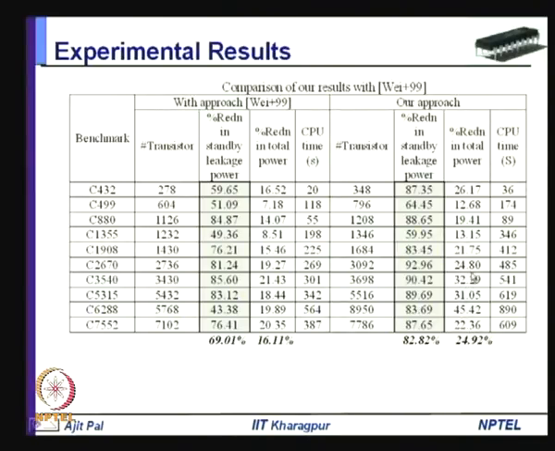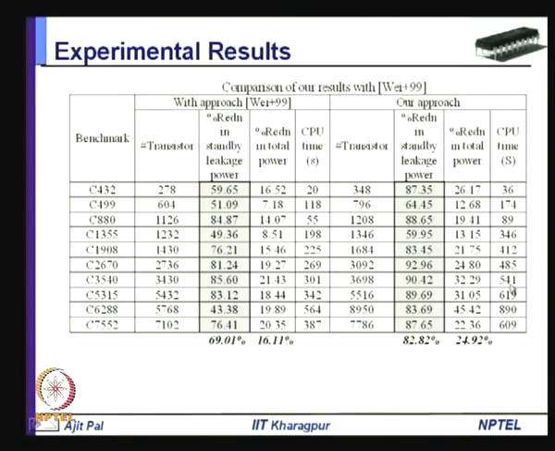But we find that there is definitely an increase in run time, but not a significant increase. About 24.92% increase in run time is occurring, and these are the run times: 36 instead of 20, 174 instead of 180 seconds, and so on.